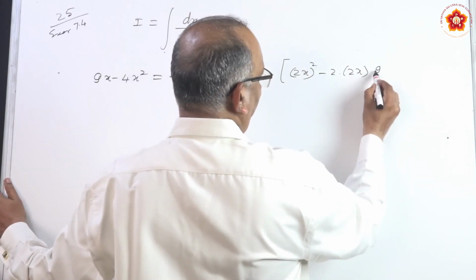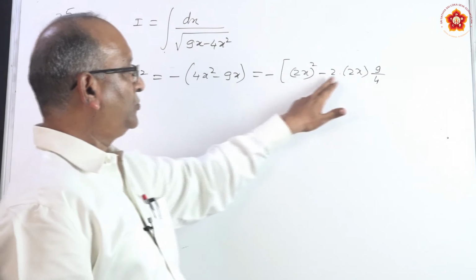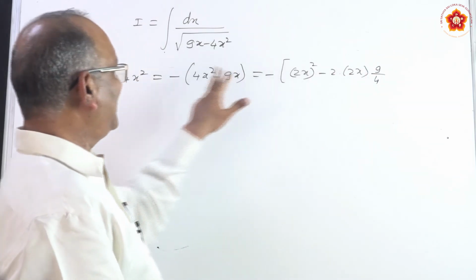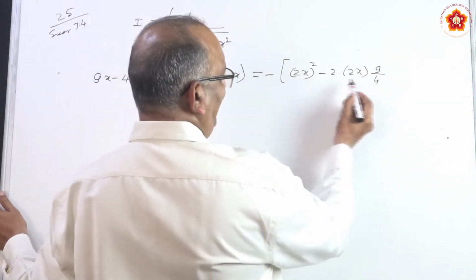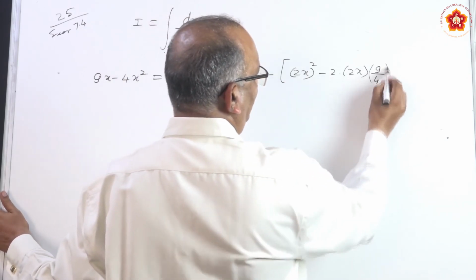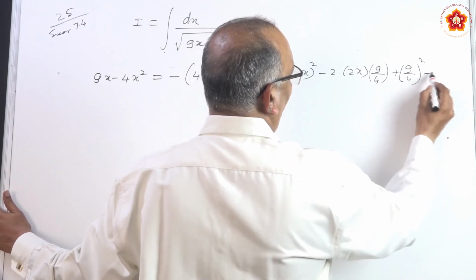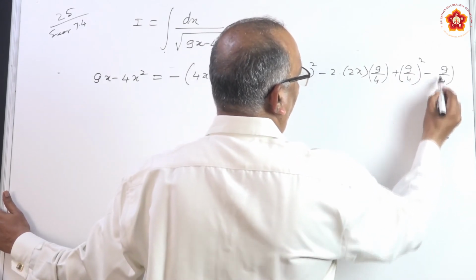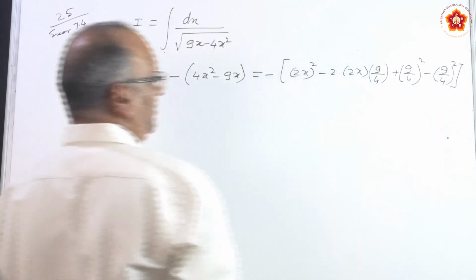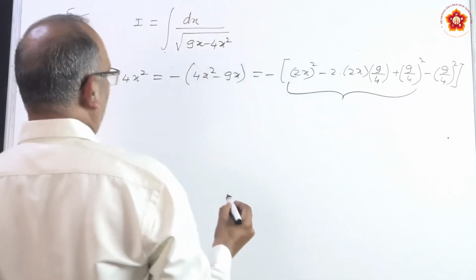So it is 9 by 4. So the 2 into 2, 4 and 4 will get cancelled. Which suggests that if this is a square, 2ab, this is b. So we add 9 by 4 square. Since we are adding, we will also subtract 9 by 4 whole square. And from here till here, it is a complete square.